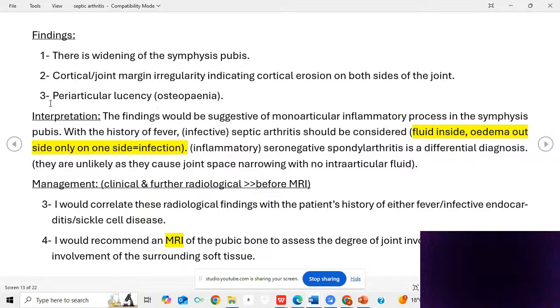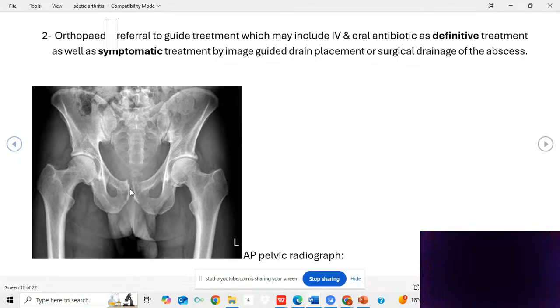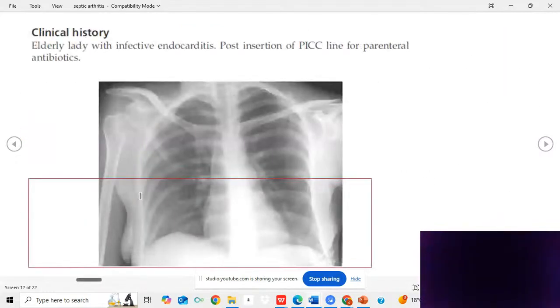The third sign is periarticular lucency or osteopenia. As you can see here, there is periarticular lucency or osteopenia, which is also a sign of early septic arthritis.